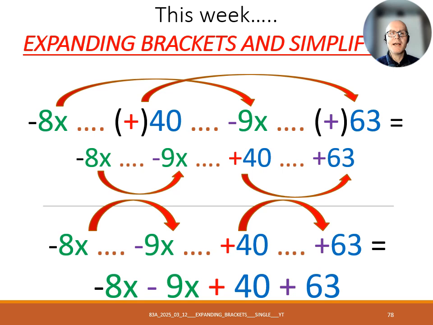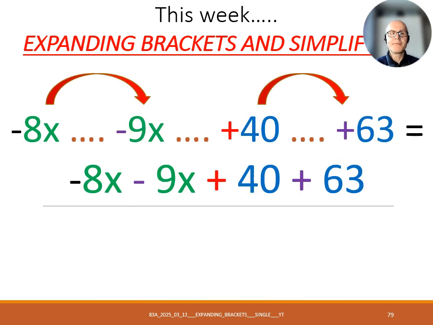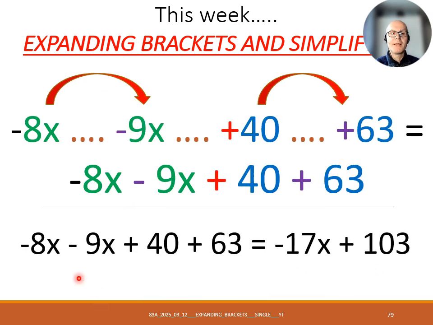Put our x's together and our numbers together. Negative 8x subtract 9x equals negative 17x, and plus 40 plus 63 equals add 103. This is our answer. Negative 17x plus 103.